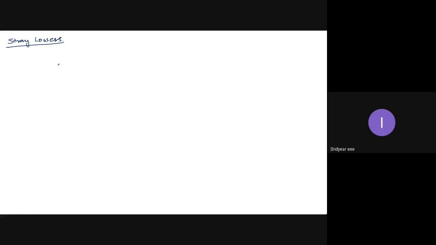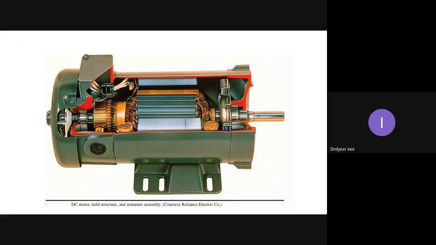Now, when you see the motor, this is a DC motor, a cut section of a DC motor. These are the poles. This is the armature. Here we have commutators.